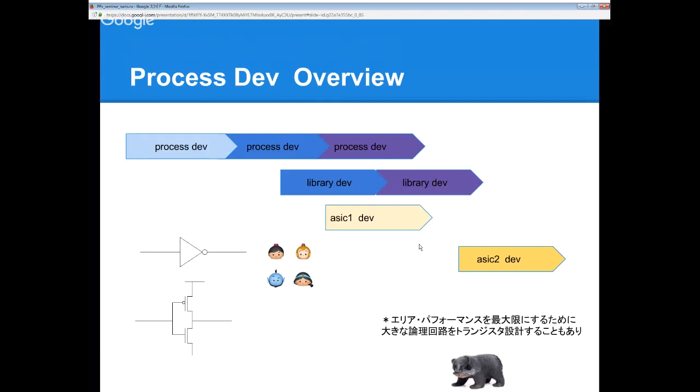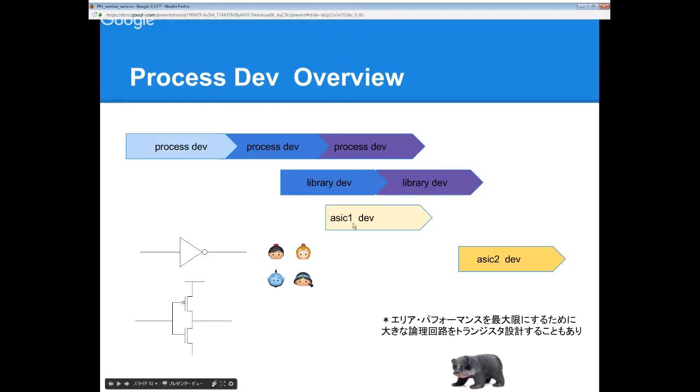Okay, so after process development, we will do a library development. Library means we will develop this kind of cell. We will design many cell libraries. I mean, inverter or NAND or flip-flop, many cells are designed.